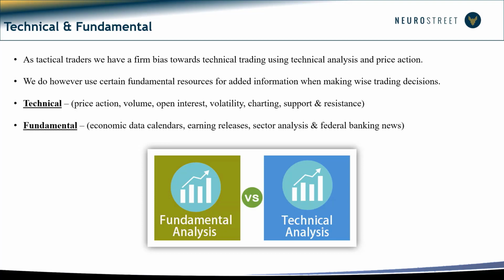So we want to be aware of the economic data calendars. We want to know of earnings. We want to know sector analysis. We also want to make sure that we have an understanding of what's going on, because you don't just want to get into a trade for just any random reason, especially in the options industry, right? It's one thing to jump the gun in the other assets, but when you start dealing with all these extra contracts, we just want to make sure that you understand everything before you make those decisions.